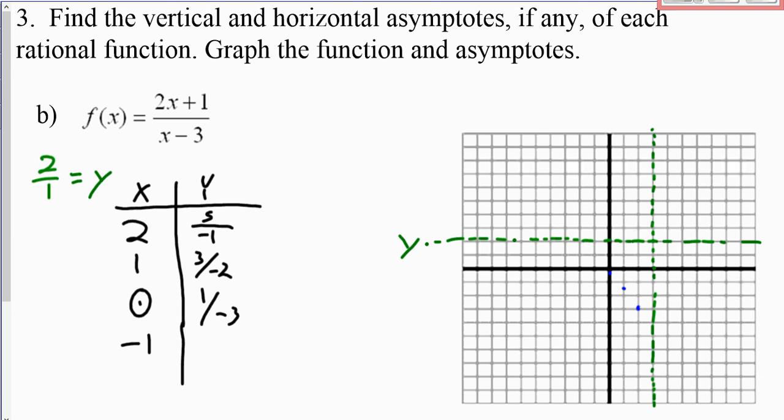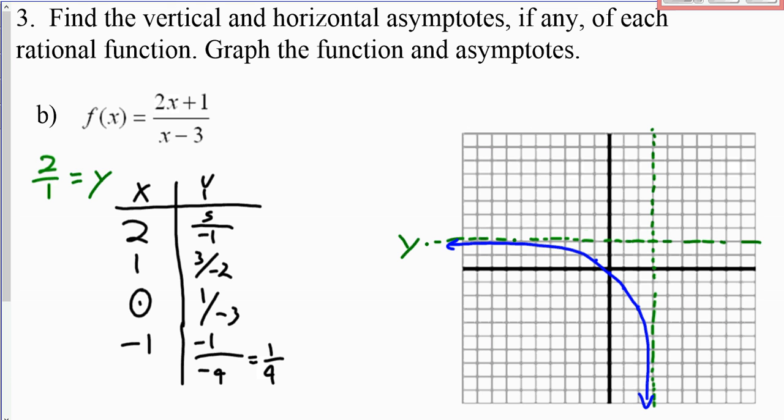I can see that I'm going to have negative 2 plus 1, which is negative 1 up top, and negative 4 on the bottom. So now I'm at 1/4. You can see I'm going to start going above the axis, but never going above the 2. So I have a graph that looks like that.